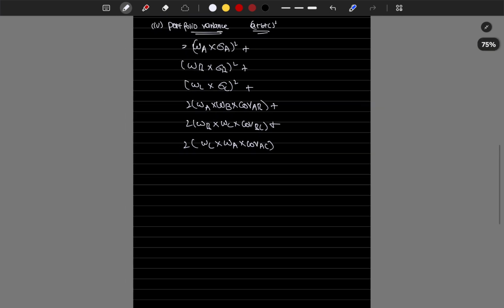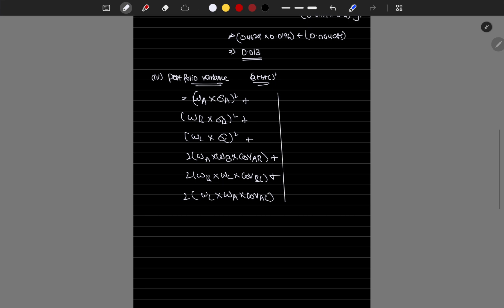Let's quickly solve the problem. Weight is 0.3.